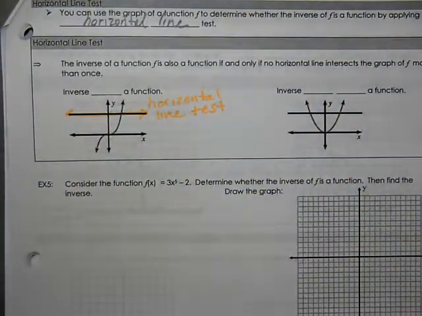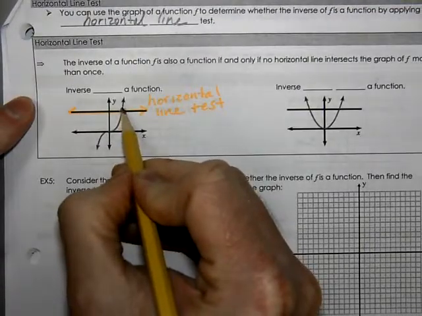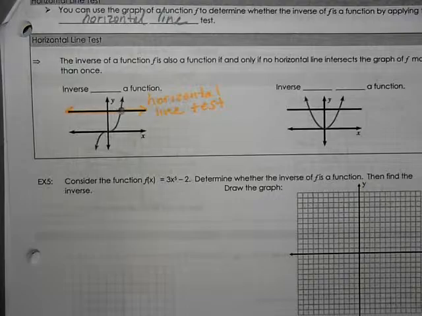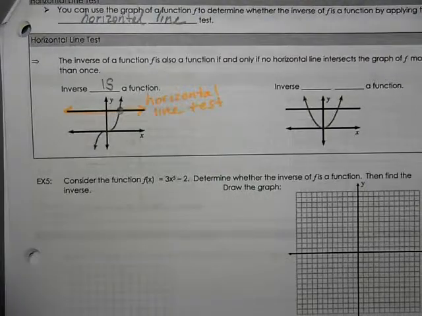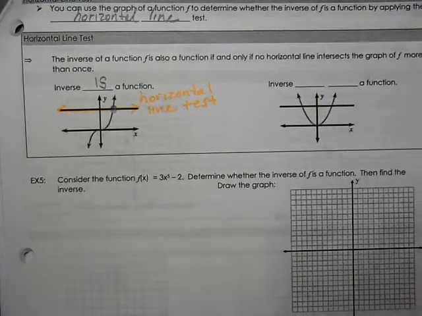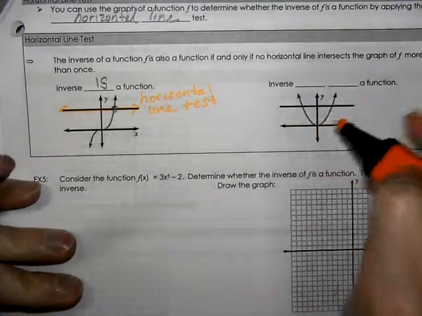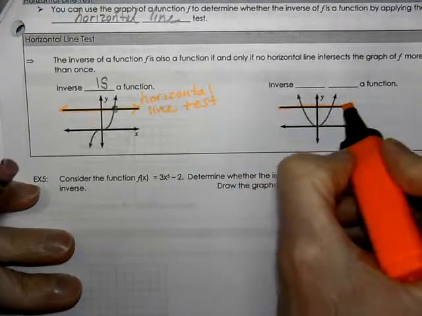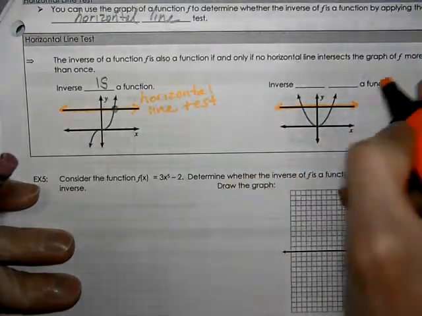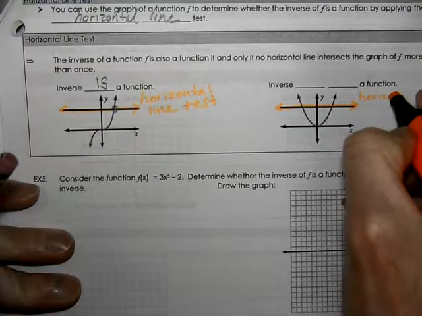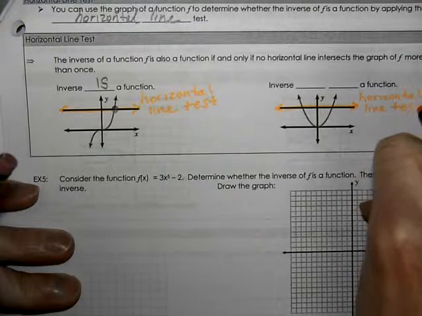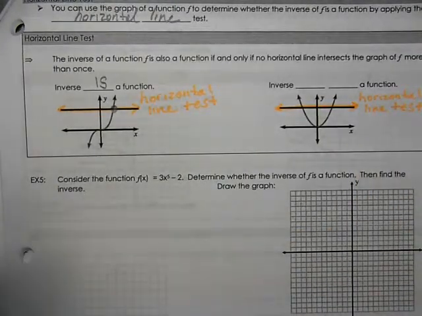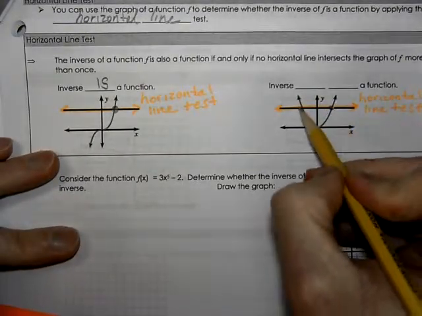Notice that this horizontal line test is touching in exactly one spot. So if it touches in only one spot, then it is a function. On the contrary, if we come over here and we have our y equals x squared, and we throw in our horizontal line, in this case it's touching in two spots.